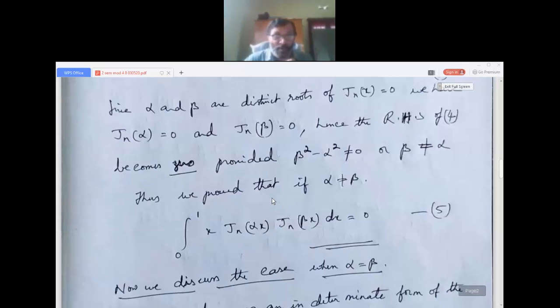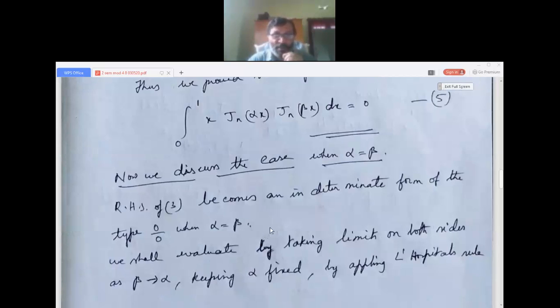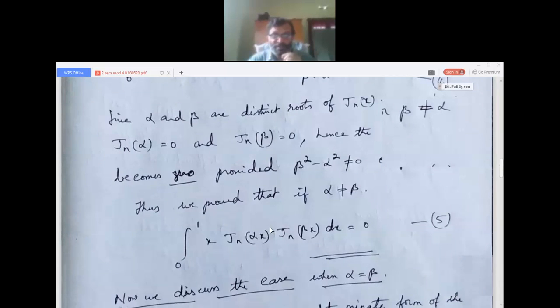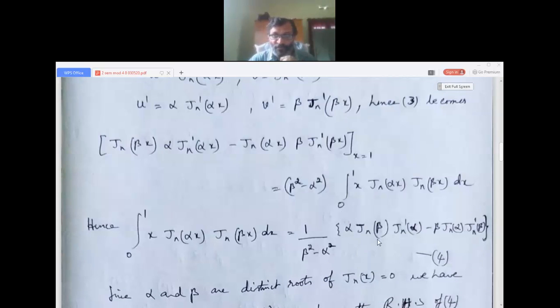So the RHS of 3 becomes an indeterminate form of the type 0 by 0 when alpha equals beta. Even the RHS of 4, you can see, when alpha equals beta here, this will be 0.